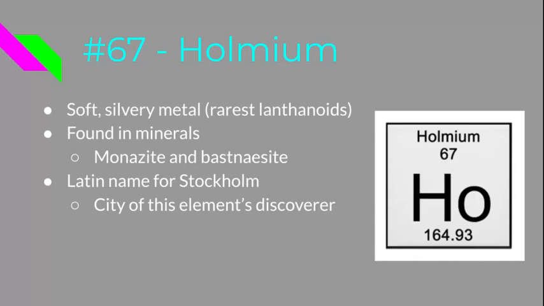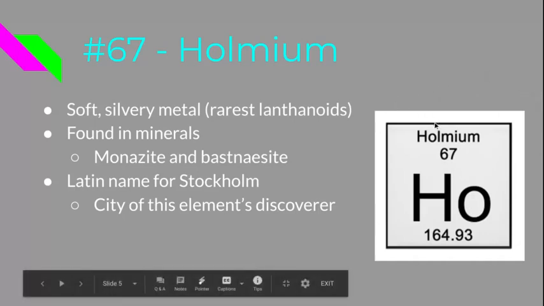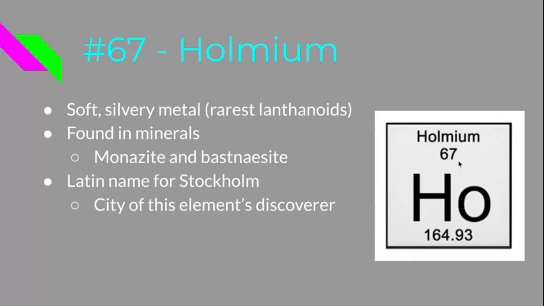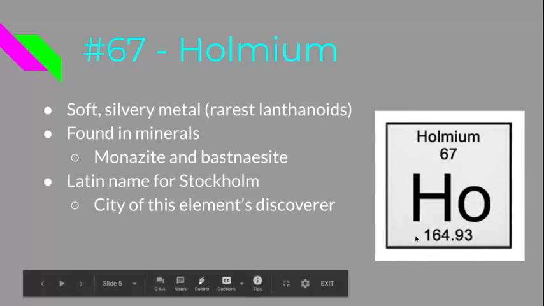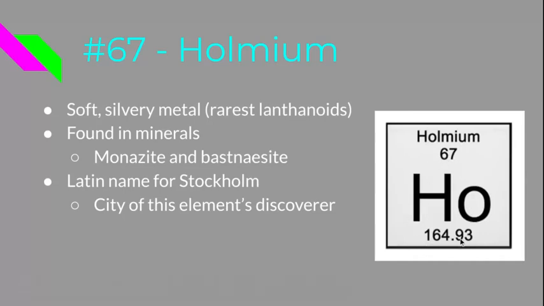Holmia is the Latin name for Stockholm, which is the city where it was discovered. So that is how it got its name. This over here is the periodic table square. So we have our name here, its atomic number, its chemical symbol, and then this is the atomic weight down at the bottom.